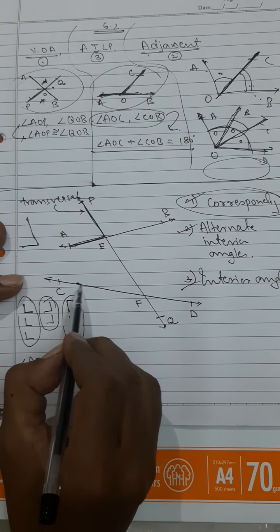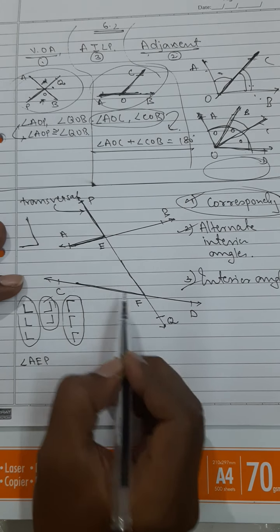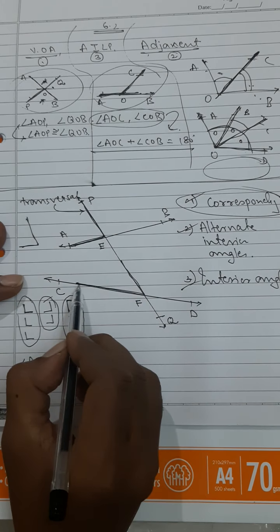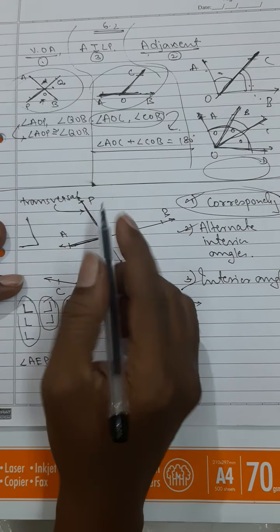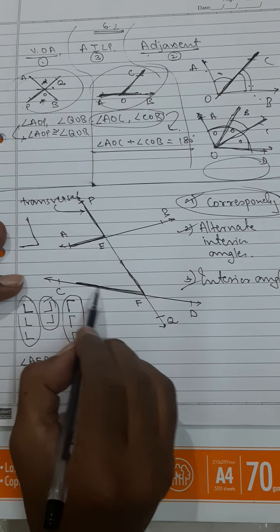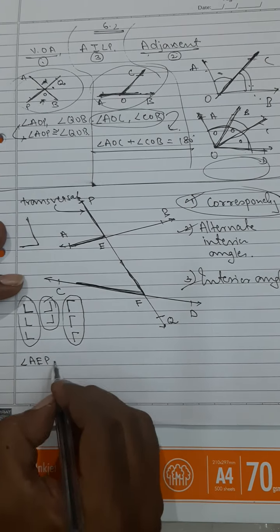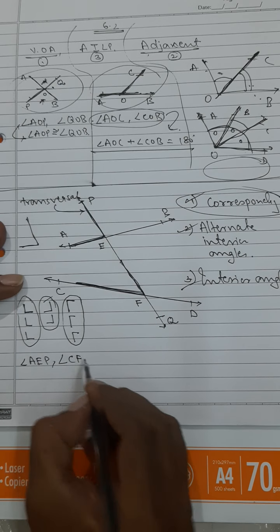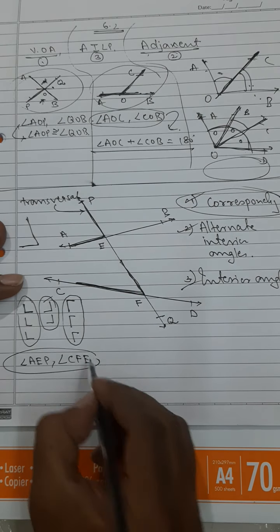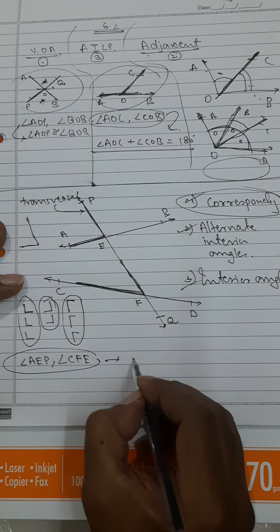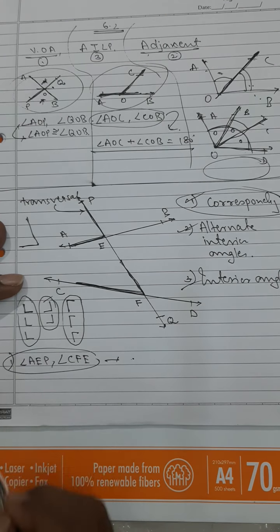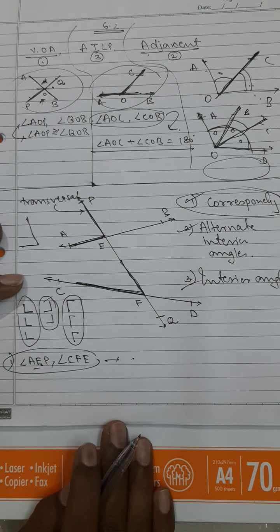The other one, this CFE. Though the vertex is different and the measurement is different, this is greater, this is smaller, but the traveling is in this fashion. Angle CFE. They are corresponding angles. Are you getting? This is one pair of corresponding angles.